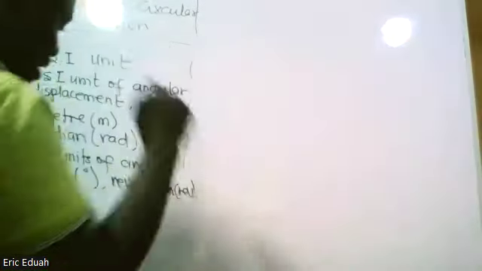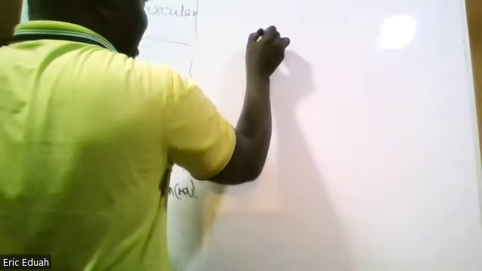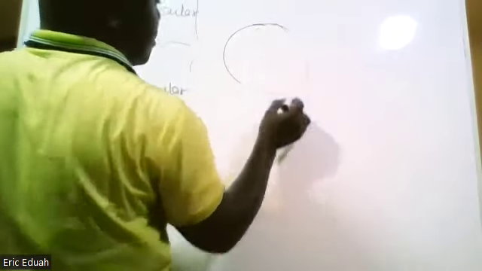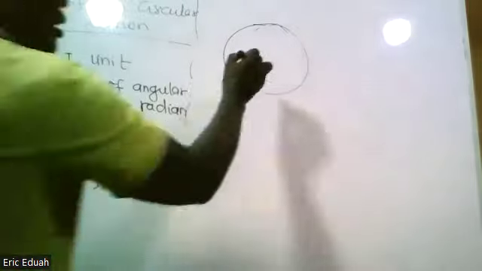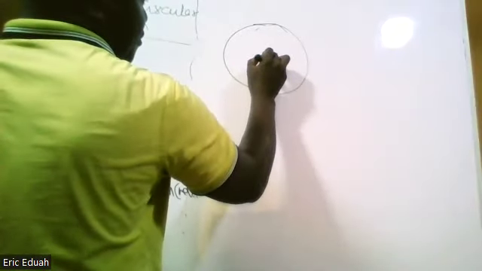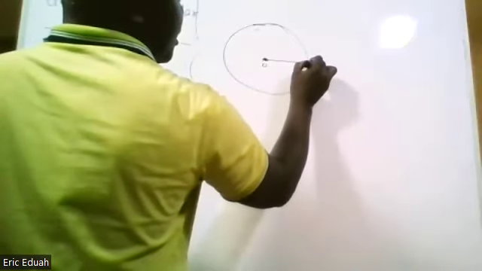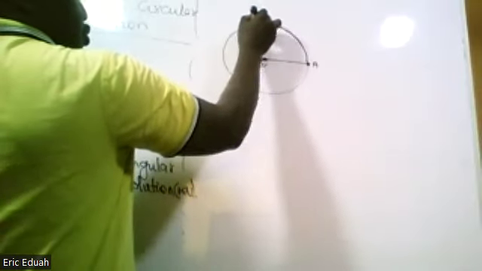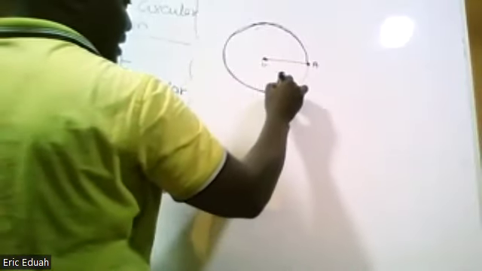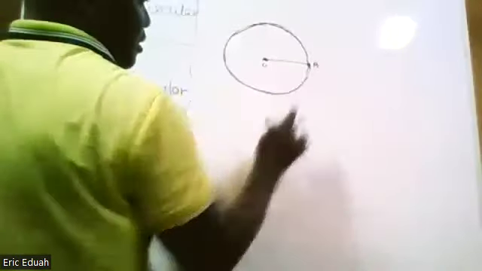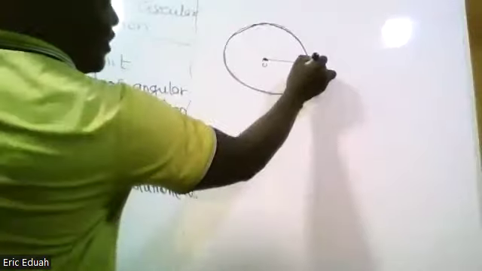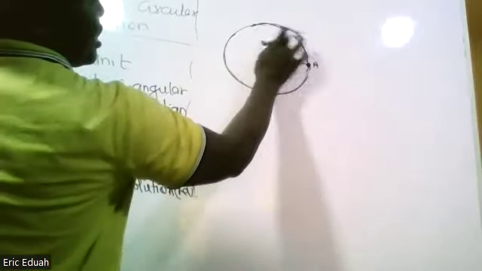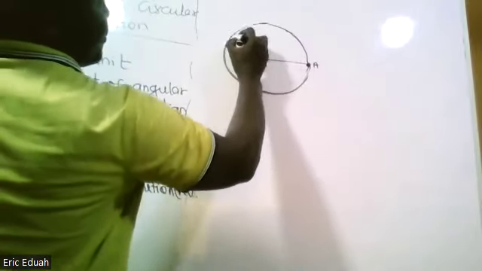I'm going to draw to give you an outlook of how to do this conversion. If a body starts from a point A, goes through it, and then ends, what is the name given to this total distance covered during the complete rotation or revolution of the body?